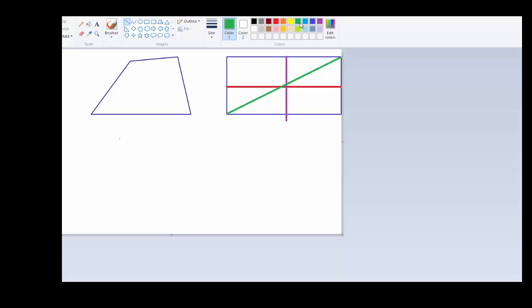Now notice this green line does divide this figure into equal parts, but if we folded this figure over the line, this point would end up somewhere down here, and it wouldn't actually hit right here where we would need it to have a point of symmetry. So lines of symmetry always divide a figure into equal parts by folding on the line of symmetry. All of the points must line up with each other. So that's lines of symmetry.